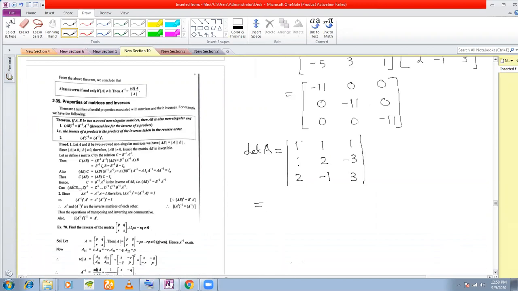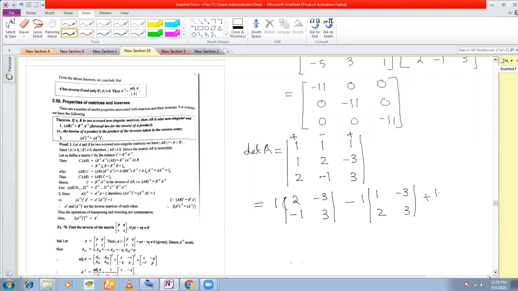Expand the determinant. So this is your plus minus plus position. So plus 1 into this 2 minus 3, minus 1 3. Next is the minus position. So minus 1 into this next minor, 1 minus 3, 2 3.